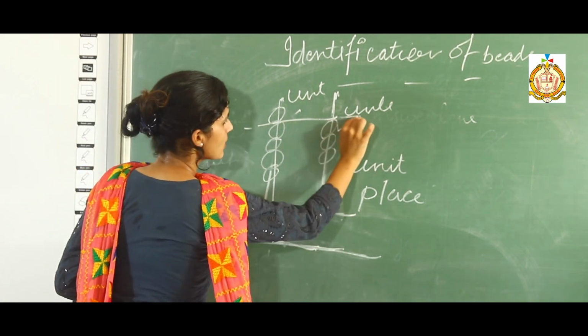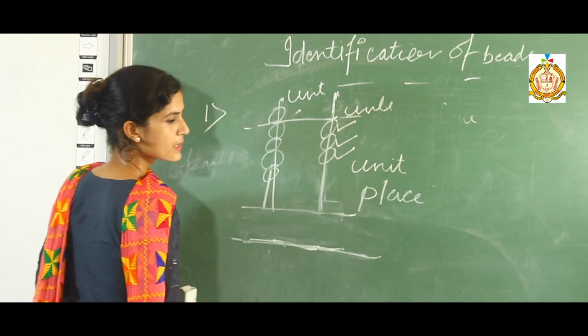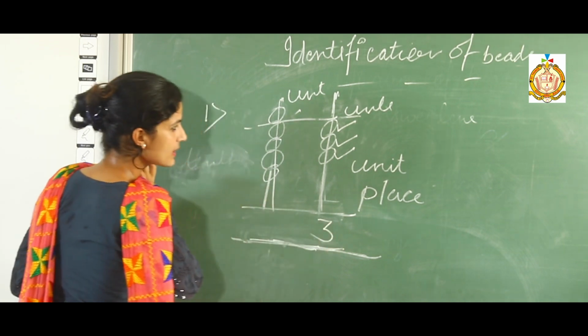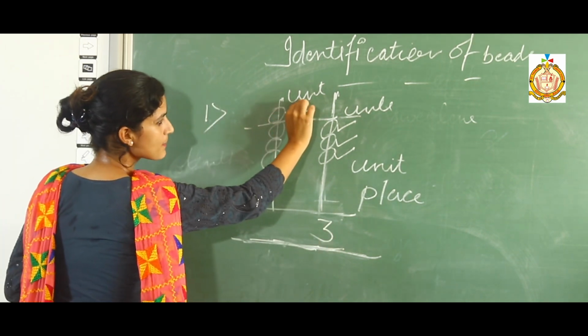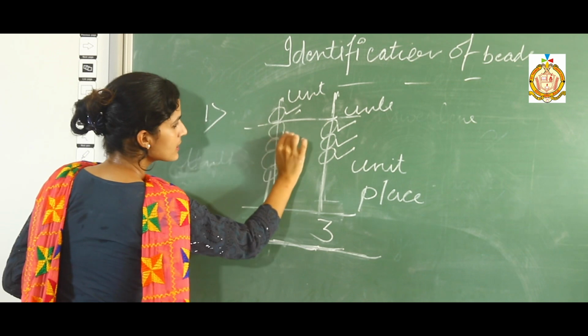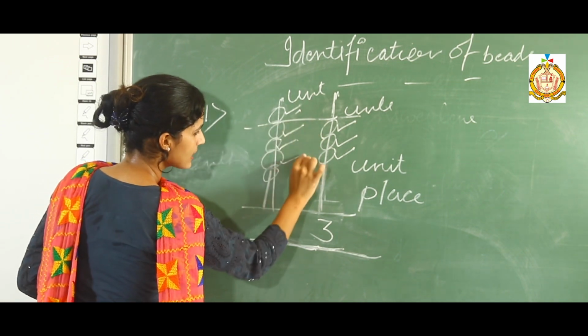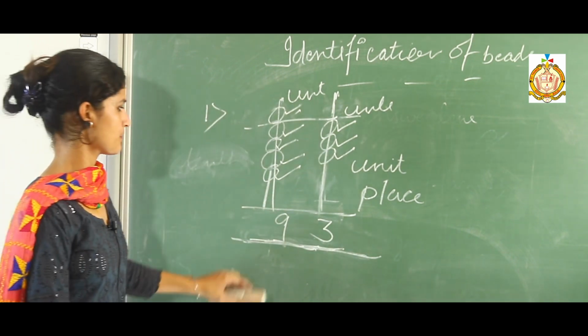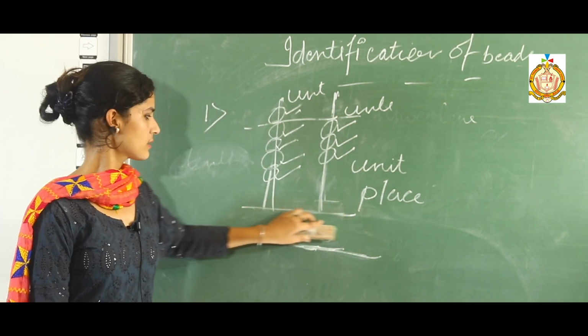Now 1, 2, 3. 3 beads are touching the answer line. So what is the answer? Write 3 here. So the value of this upper bead 5, 6, 7, 8, 9. 93 is your answer. Hope you are understanding.